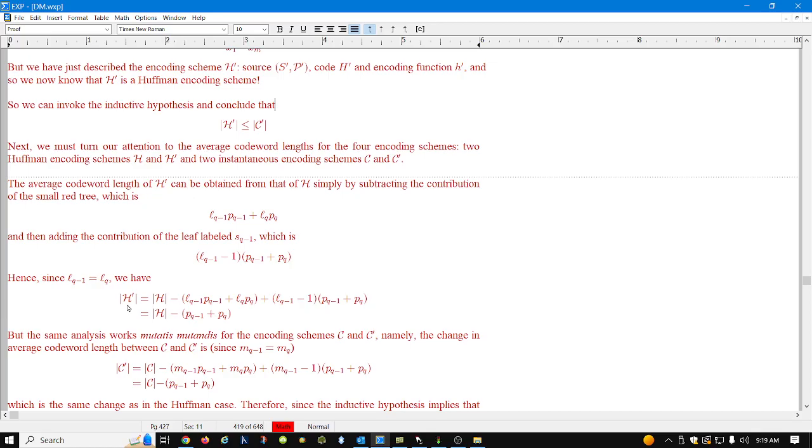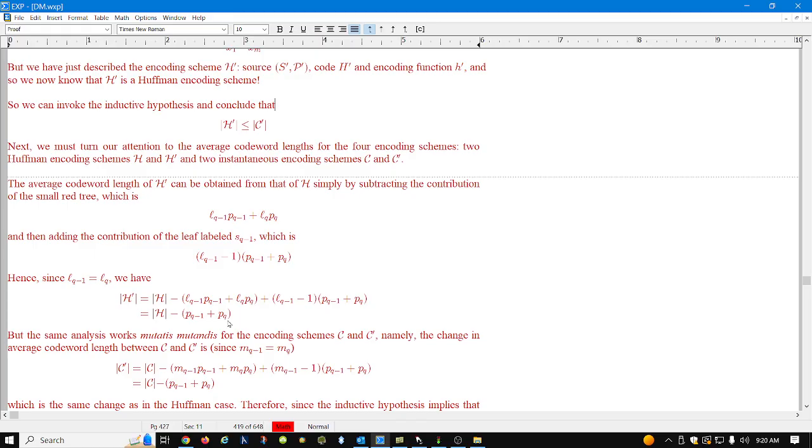And the average code word length of H prime is equal to the average code word length of H minus the sum of the 2 probabilities. These are the smallest probabilities. So the lengths of the code words have disappeared.